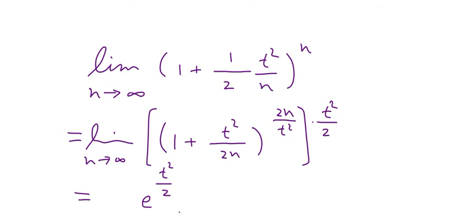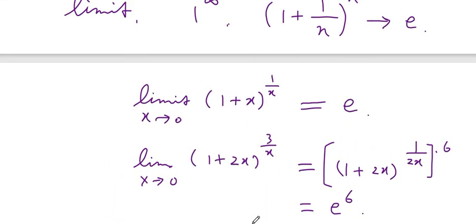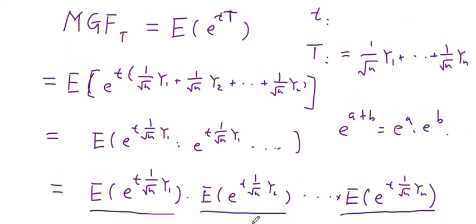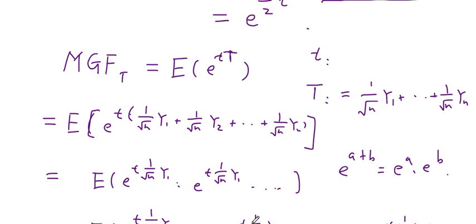Okay, so we find this is just the moment generating function of z. As n goes to infinity, the moment generating function is close to that of the standard normal, so the distribution is the same as the standard normal.